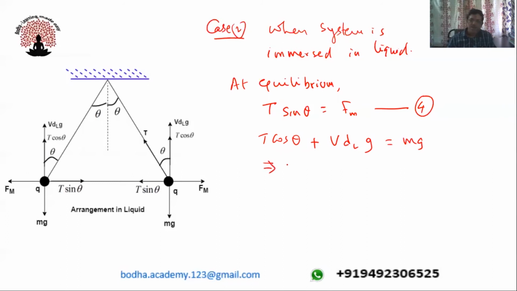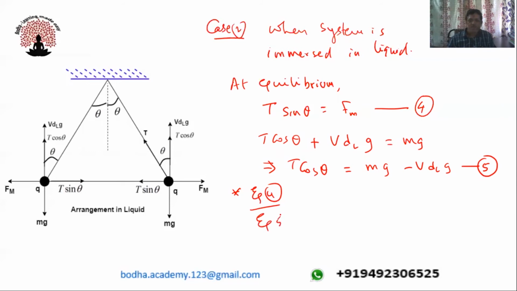This equation I can write as T cos theta is equal to mg minus volume into density of liquid into g. Call it equation 5. Now divide equation 4 by equation 5. We get tan theta is equal to Fm divided by mg minus volume into density of liquid into g. Call it equation 6.